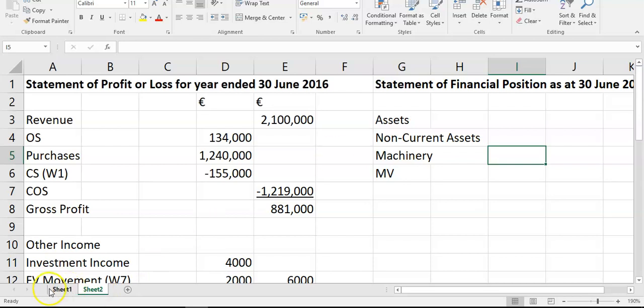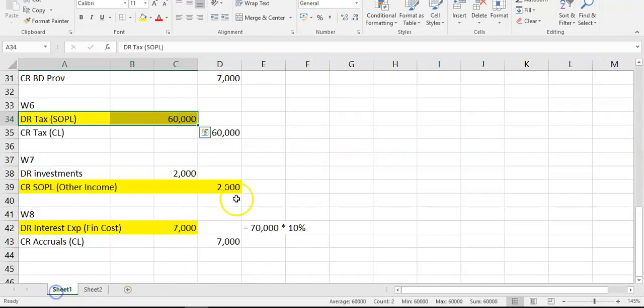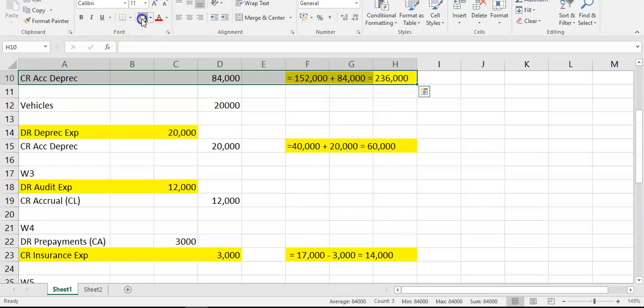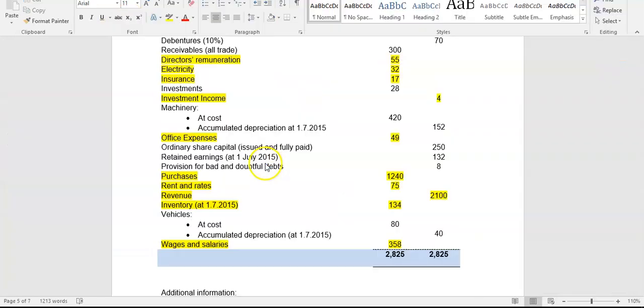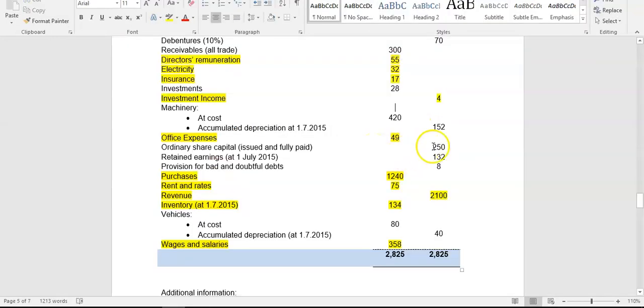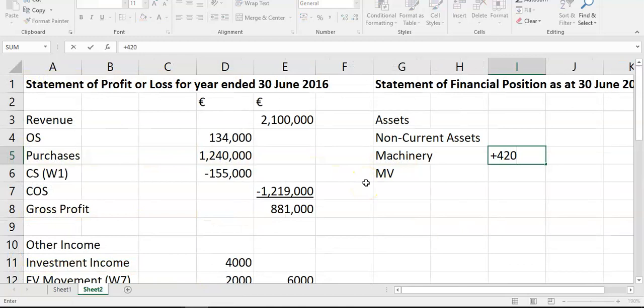The machinery, its cost was 420, and we said accumulated depreciation now, the correct one is 236. Don't just use the 84 or don't just use the 152, add them together. So that is 420 minus 236, which is 184,000.